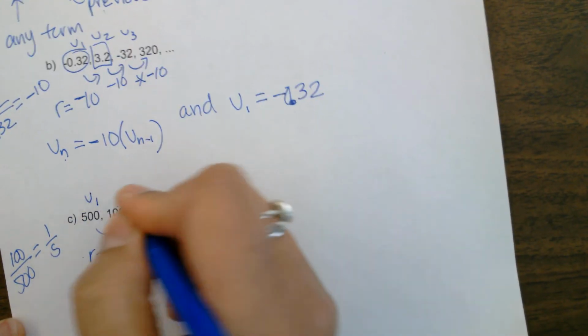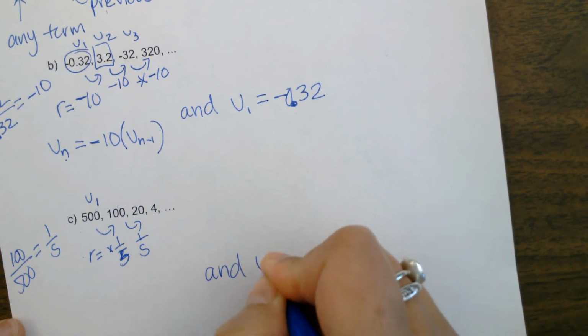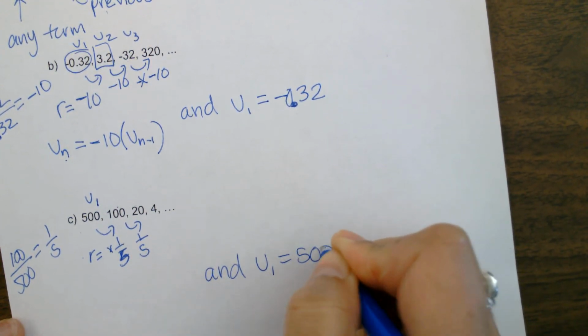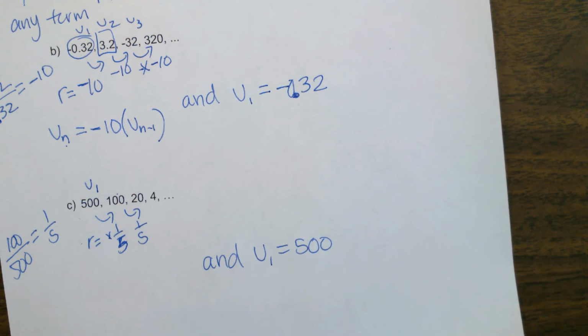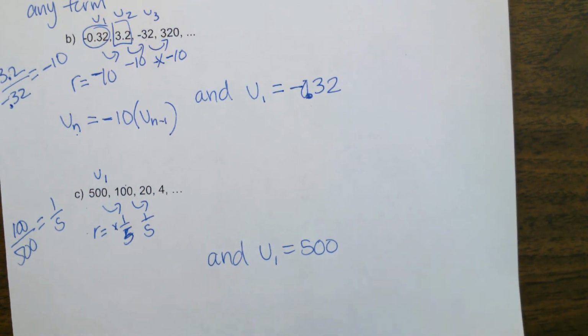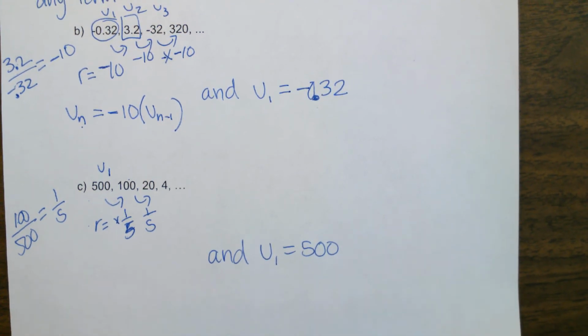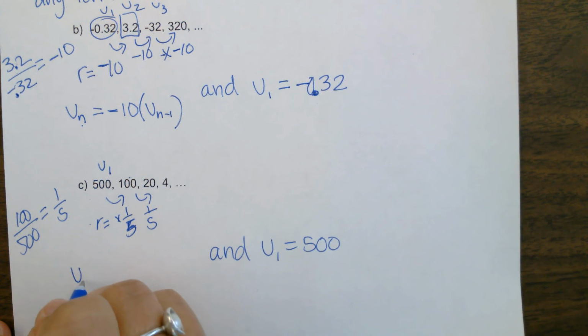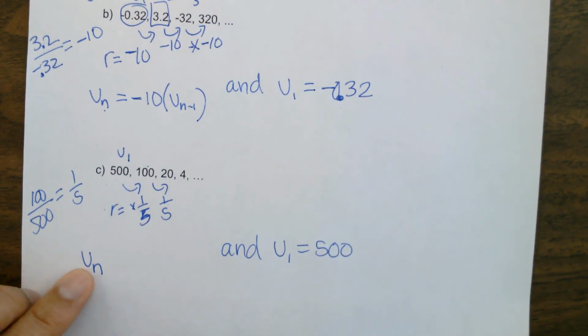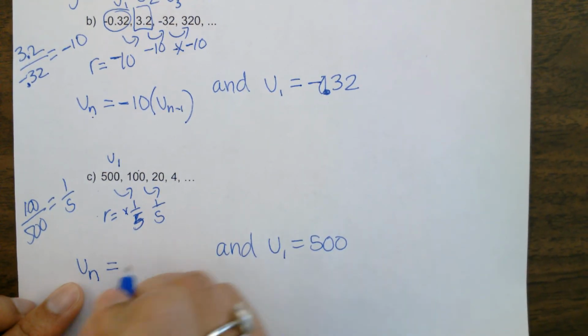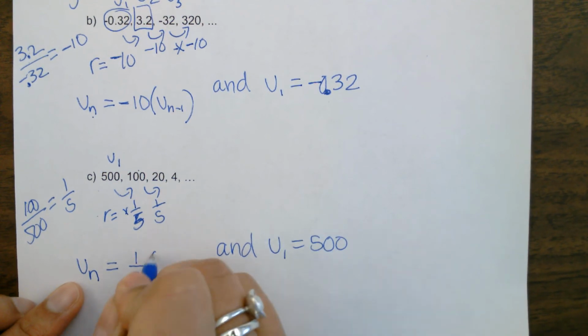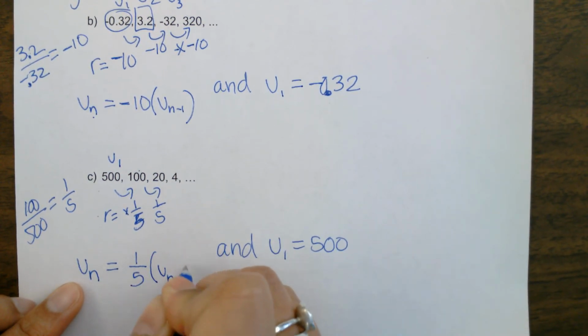Here's our first term. u sub 1 equals 500. If you want to start somewhere to get part of this correct, write down the first term, u sub 1 equals 500. Okay, let's write the general form. To get to any term, u sub n, we're going to multiply 1/5 by our previous term.